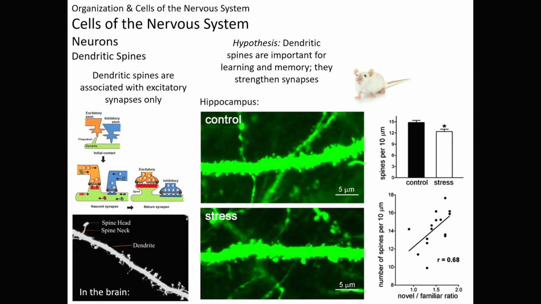And here they're correlating it with the number of spines observed, and notice this really striking positive correlation. The more spines you have on your dendrites, the better your memory was. So again, this hypothesis that dendritic spines are necessary for learning and memory, that they strengthen synaptic connections necessary for us to retain knowledge and remember facts, we see playing out in this mouse study.